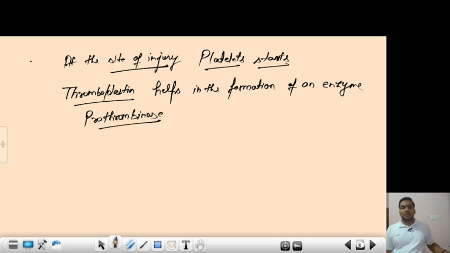So from here you got that thromboplastin is the substance released by the platelets at the injured site.